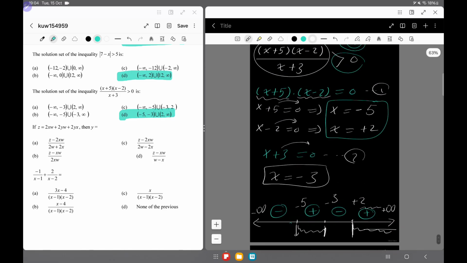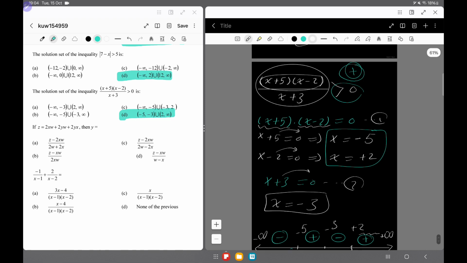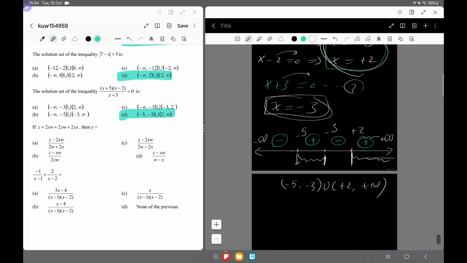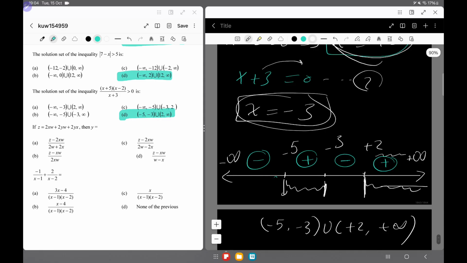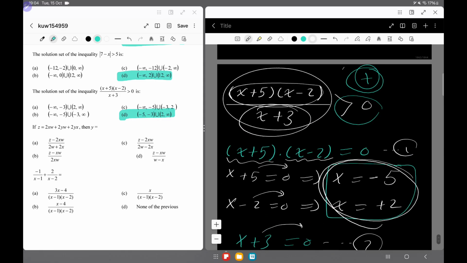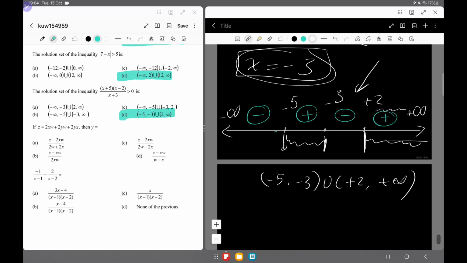You just have to take the top, make it 0, and find the solutions. Take the bottom, make it 0, and find the solutions. Put them on the number line. After that, take numbers between these numbers, between negative 3 and positive 2, for example 0. Substitute 0. If you get negative, write negative, and do the same for the others.